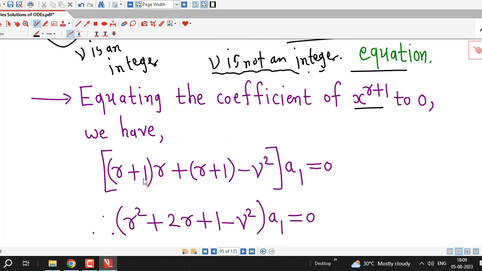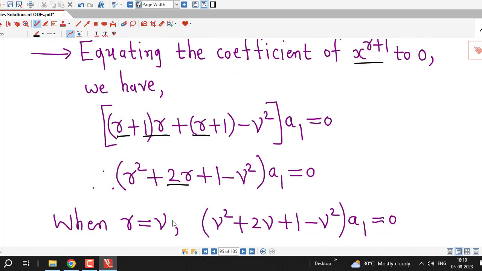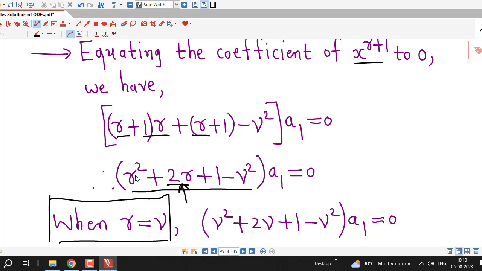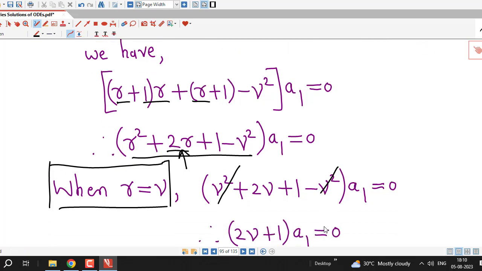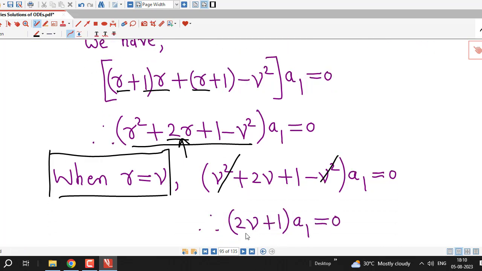If we simplify this, we have r² plus 2r plus 1 minus ν², times a1, equal to 0. And now when r is equal to ν, that is we put r equal to ν in this equation, we have ν² plus 2ν plus 1 minus ν², times a1, equal to 0, and this ν² will cancel out, and we have (2ν+1) into a1 equal to 0.